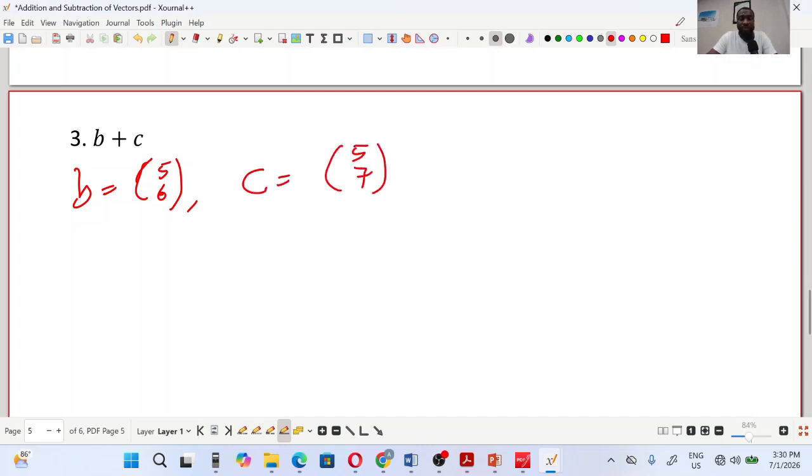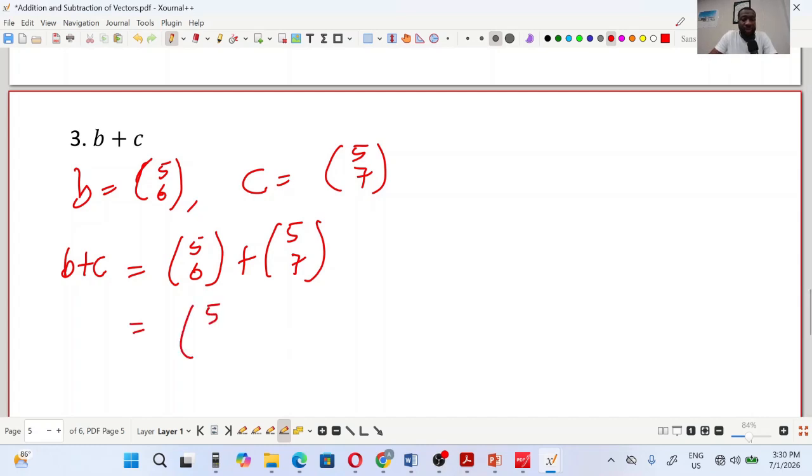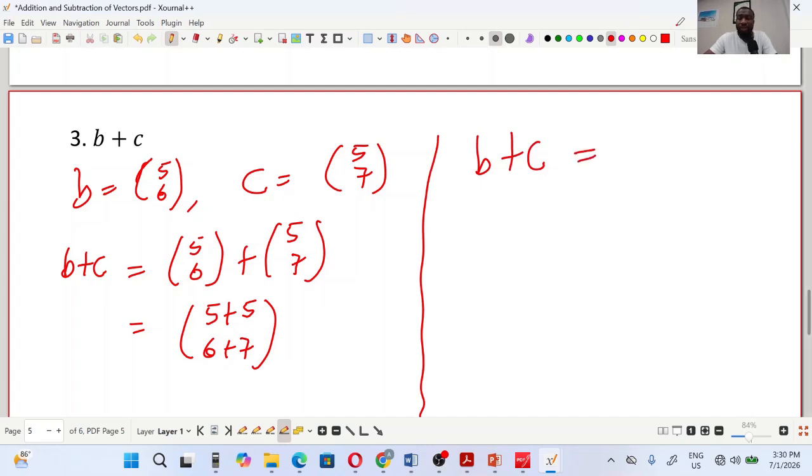So it says B plus C. So B plus C is going to be equal to (5, 6) plus (5, 7), right? So my B plus C is now going to be 5 plus 5, and then 6 plus 7. So 5 plus 5, I have 10, and 6 plus 7, I'm going to have 13, right?